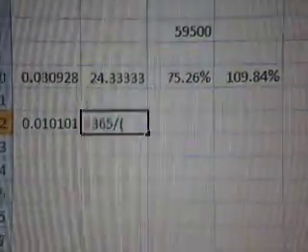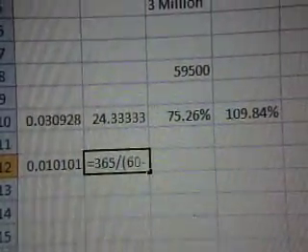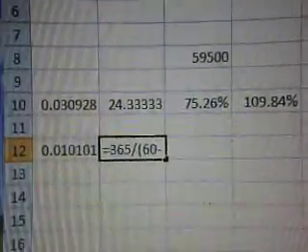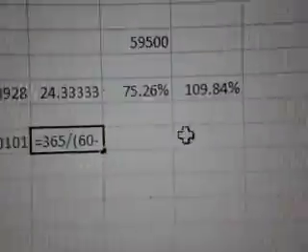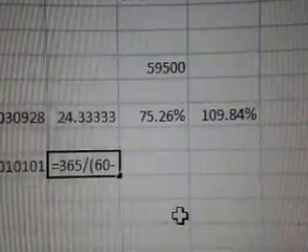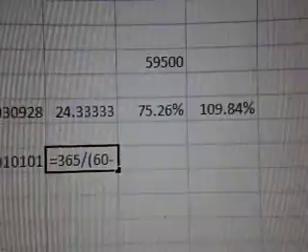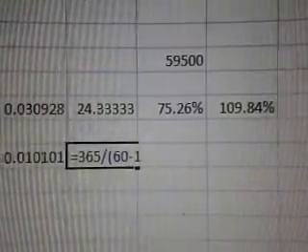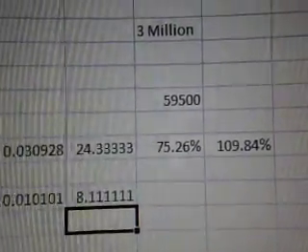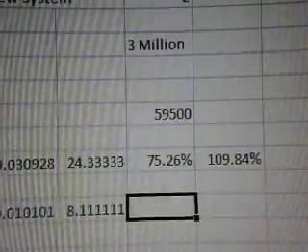So 60 minus, the next part is the discount period. What is the discount period? How many days they can use and they can take the discount? 15 days. That's wonderful. Okay, so that is your second part.